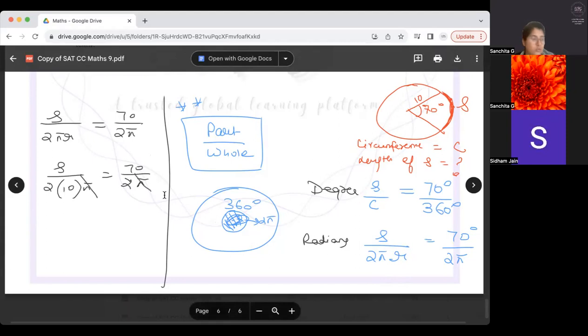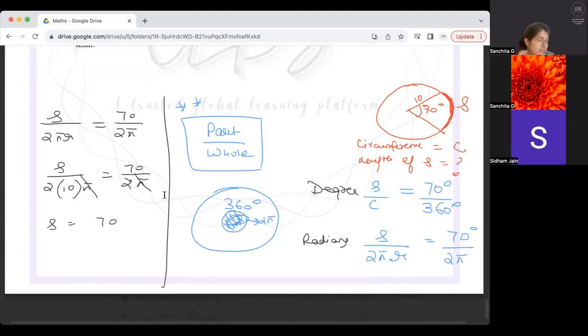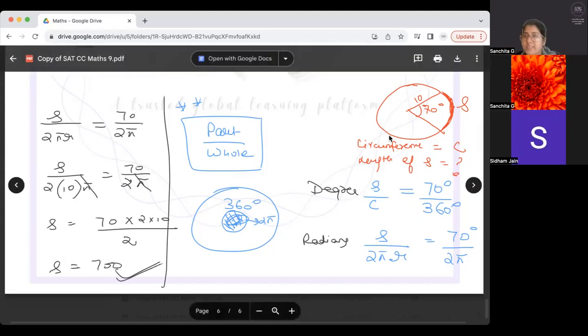Pi will get cancelled, no? So S is 70 times 2 times 10 divided by 2. Is it clear? So that is my answer, 700. Any doubt? Correct?